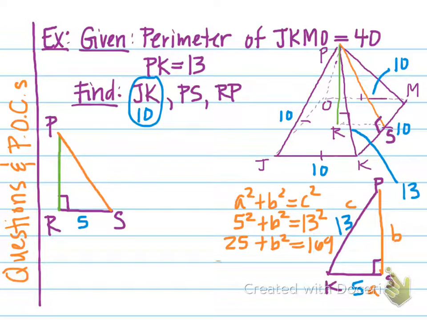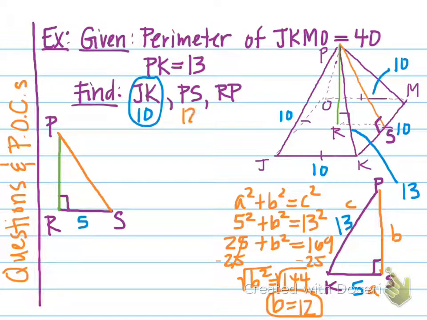Then we're going to subtract 25 from both sides. So B squared equals 144. Oh, nice number. We take the square root of both sides, and that means B is 12. And B represents PS, which is one of the sides that we needed to find the length of.